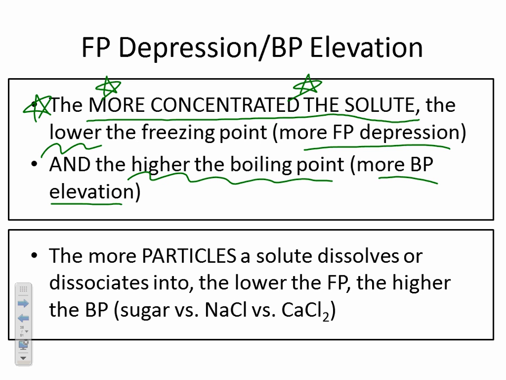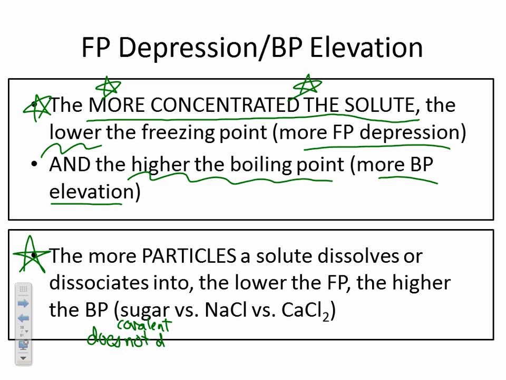The more solute you put into your solvent, the lower the freezing point will get and the higher the boiling point will get. The second point here: the more particles that a solute dissolves or dissociates into, the lower the freezing point, the higher the boiling point. What do I mean by that? Well, sugar is covalent, so it does not dissociate.